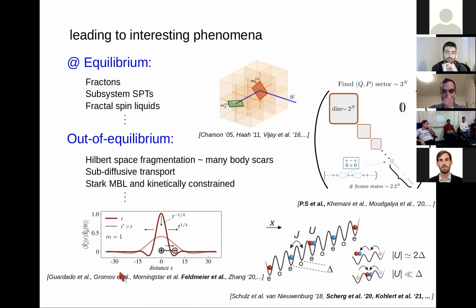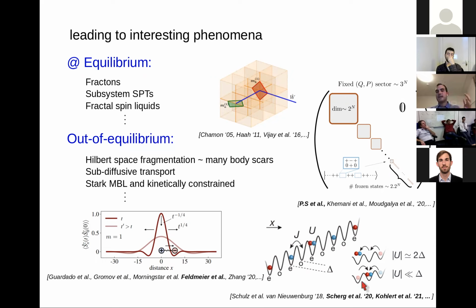In fact, this is related to the so-called Stark many-body localization, a proposal of disorder-free localization which would have similar features to the usual MBL phase. There have been a lot of interesting works, but I would like to highlight that not only dipole conservation, but other families of kinetically constrained models can emerge in these really simple experimental setups when you start playing with resonances between the interaction strength and the field.